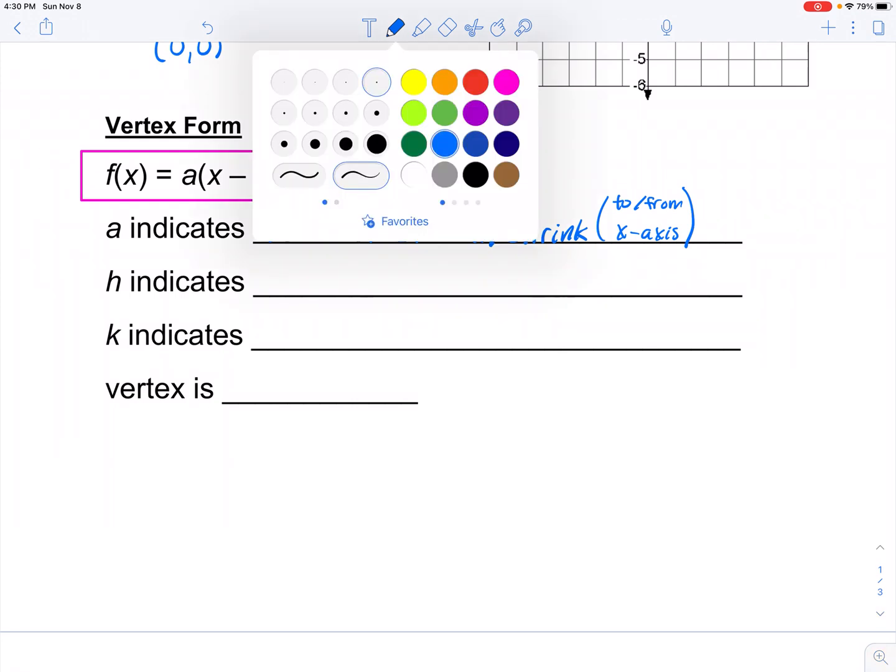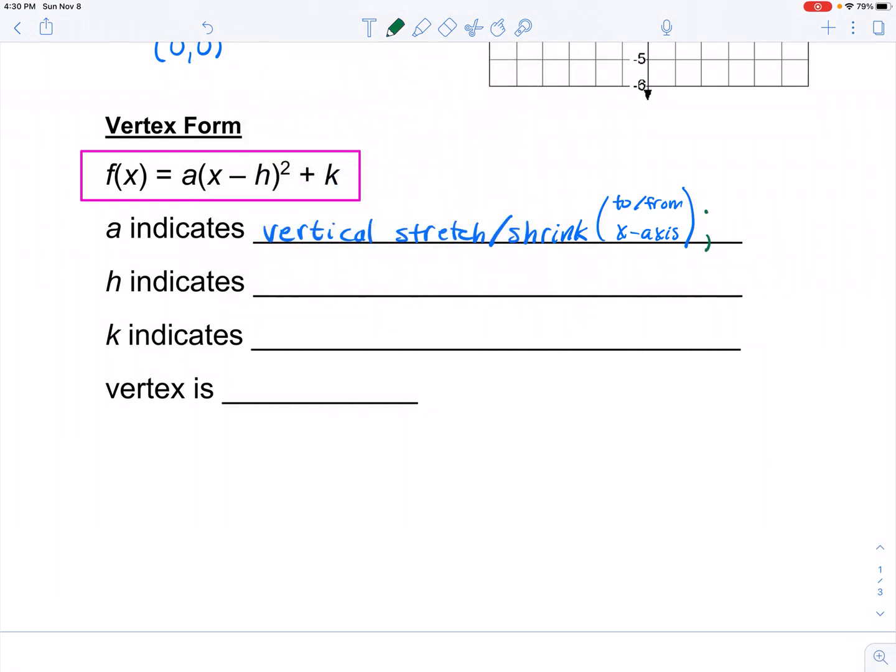It also will tell you more information, like does it open up or down? Opens up or down, which means it might be reflected, a reflection, and that reflection would be on the x-axis. I'll just put x-axis underneath. Okay, the h, as you found out using the Desmos discovery, is your horizontal translation, so it just shifts that parabola left or right.